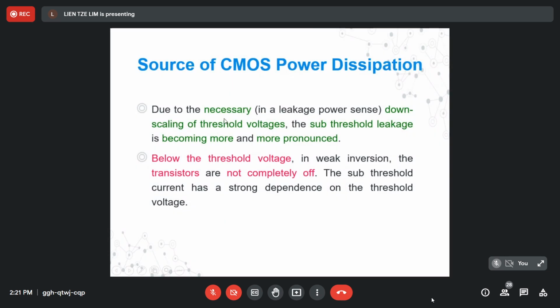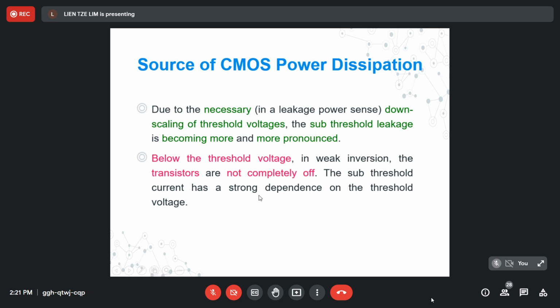Due to the necessary downscaling of threshold voltages, the subthreshold leakage is becoming more and more pronounced. Below the threshold voltage, in weak inversion, the transistors are not completely off. The subthreshold current has a strong dependence on the threshold voltage.